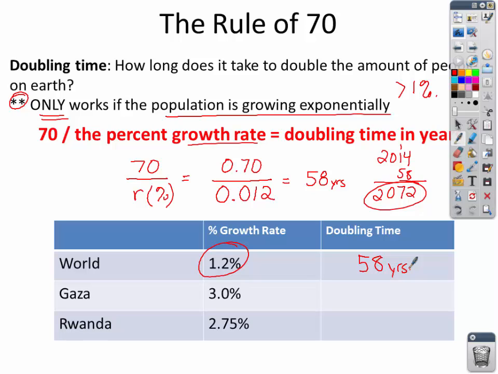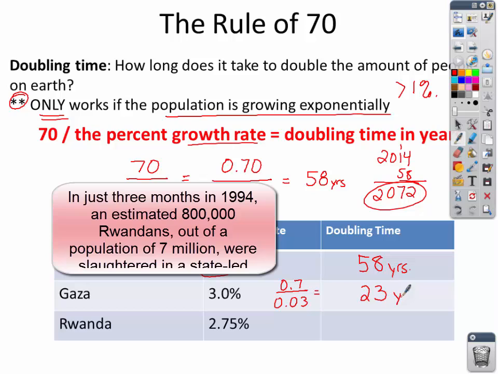And just for practice, you can calculate the doubling time for Gaza and Rwanda, and then we're going to go back and complete the table in the previous slide. So go ahead and calculate Gaza and Rwanda. 0.7 divided by 0.03. Calculate that through. Gaza is the fastest growing population in the world currently.